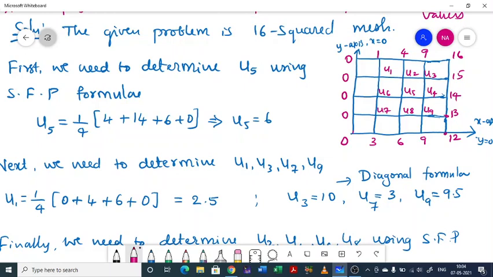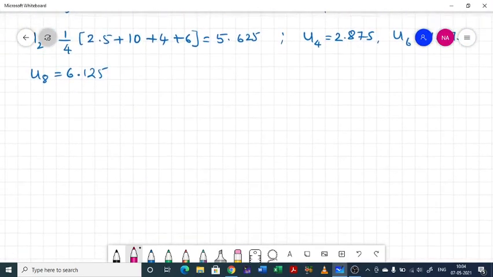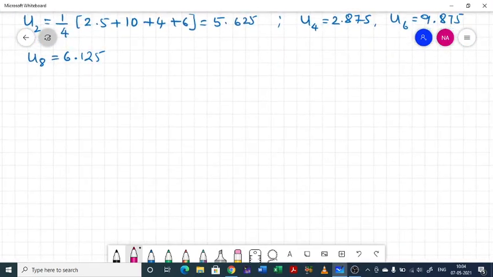So you got different values for u1, u2. Next you determine u3 by using this new value of u2. Next, to determine u6 you have to use this new value of u1. The same thing you have to repeat till u9, and that should be repeated twice, because the statement mentions to apply it twice.